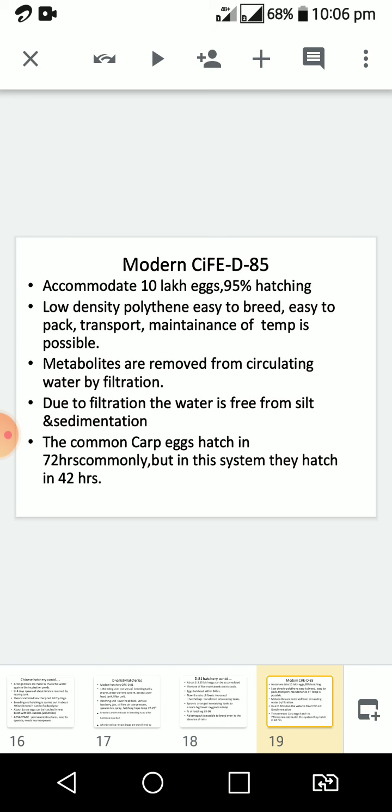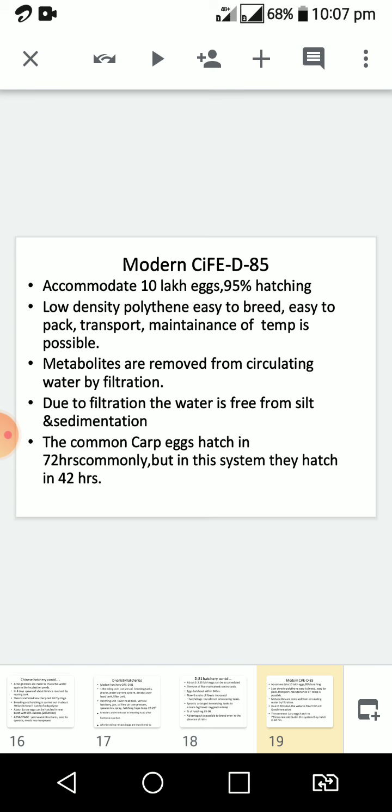And the modern Sifi D85 hatchery can accommodate 10 lakh eggs. The hatching percentage is 95 percent, and it uses low density polythene, easy to breed and easy to pack and transport.